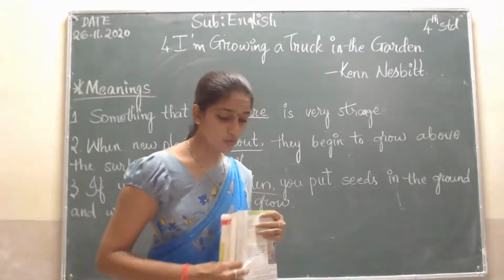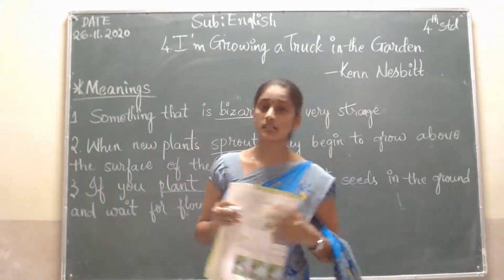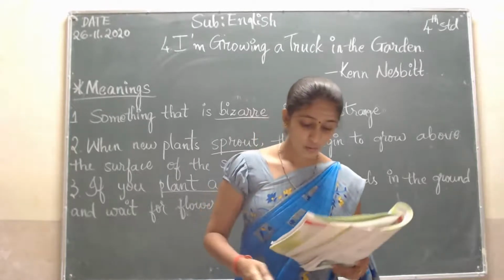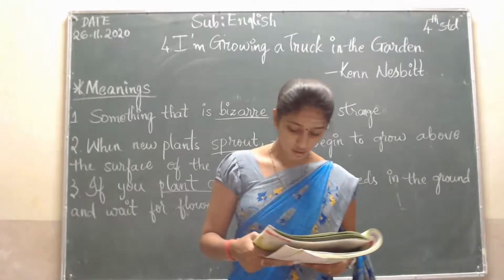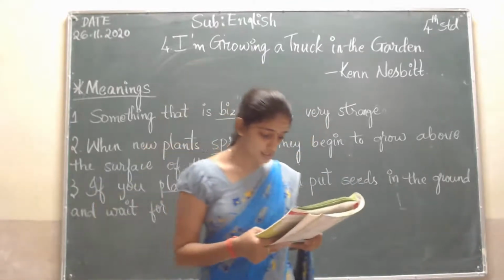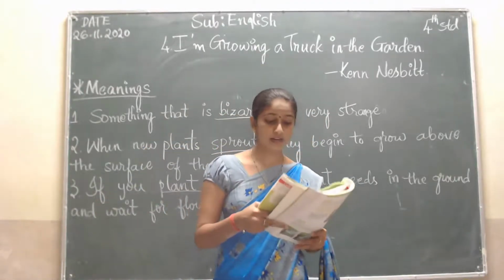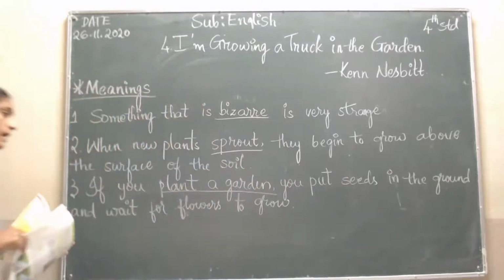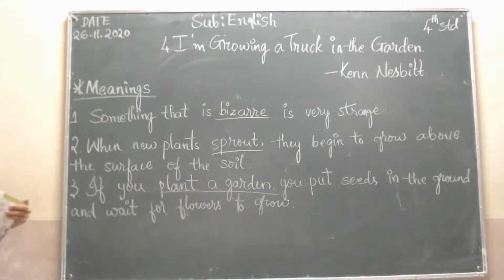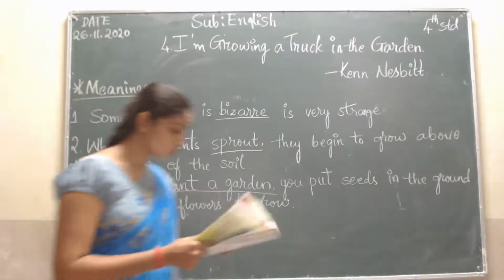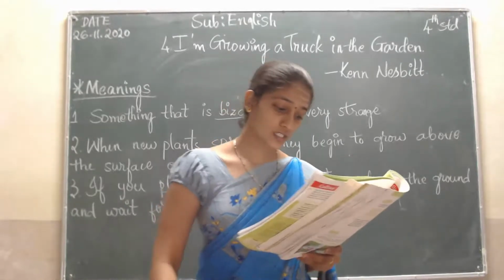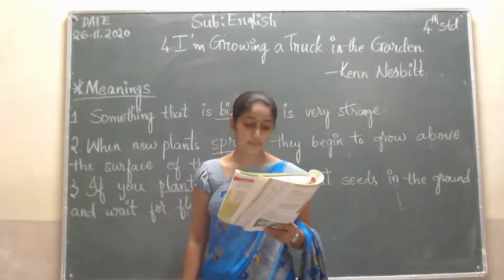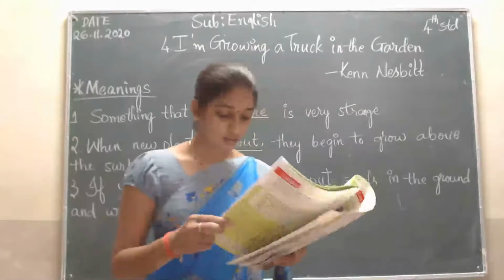The boy's mother was very much interested in planting trees in her garden. The boy did not have any seeds, so he planted his toys. That is what the boy is telling you. My mother said, "Let's plant a garden." Planting a garden is nothing but putting seeds in the ground so that you wait for flowers to grow. But I didn't have any plant seeds, so that's why I have planted my toys.